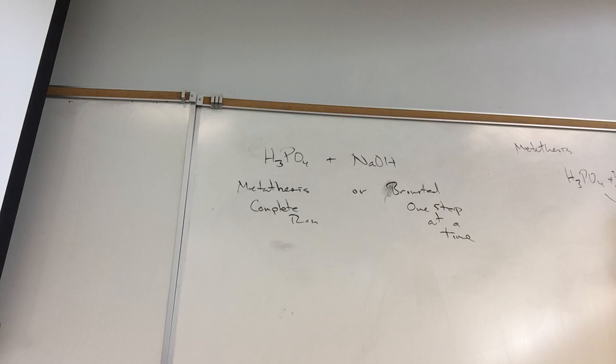Then we have a driving force here. This is the stronger acid. What's the weaker acid? The water. This is our driving force, so we're going from stronger acid to weaker acid. That's all we need; we just need one driving force in metathesis. All these are aqueous except for water, which is liquid.